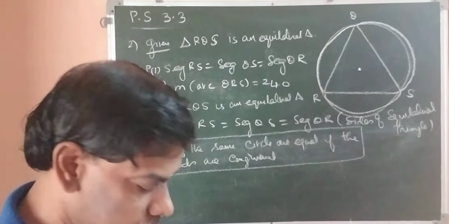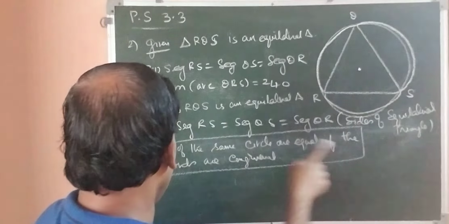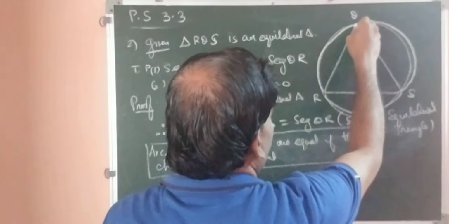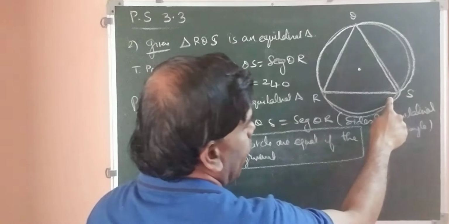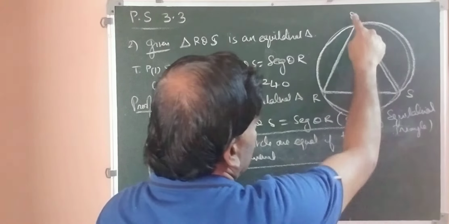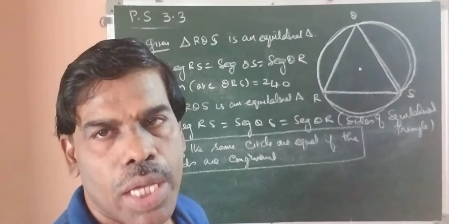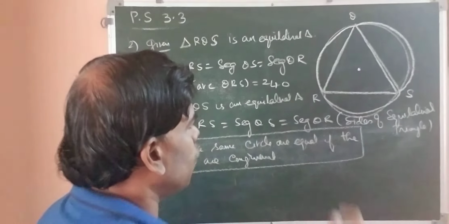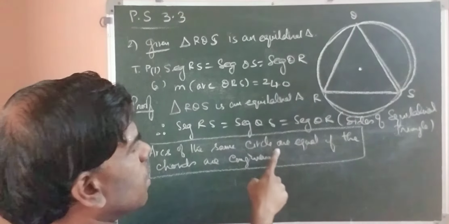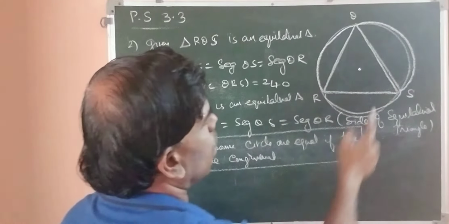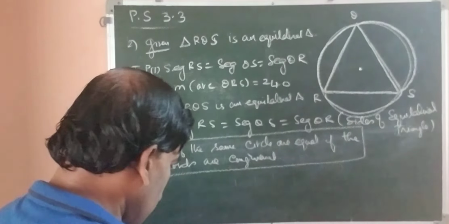Why? Because we have proved this is equal to this equal to this. So chord RS, chord QS and chord QR are equal because they are the sides of the equilateral triangle. Therefore, arcs of the same circle are equal if the chords are congruent. Since these chords are congruent, all these arcs are congruent.